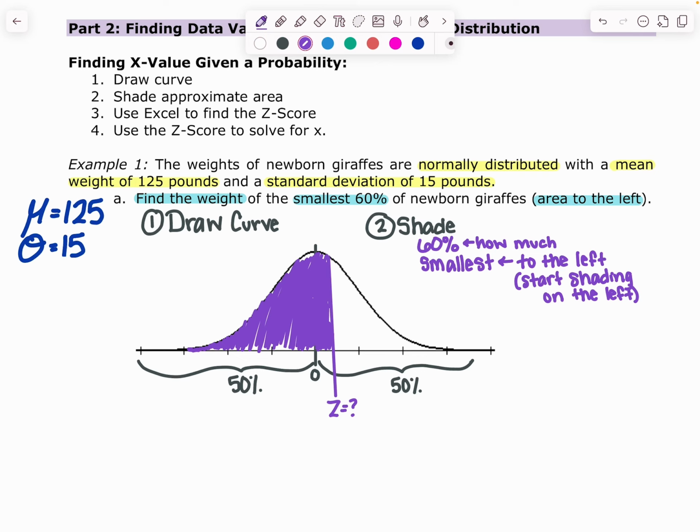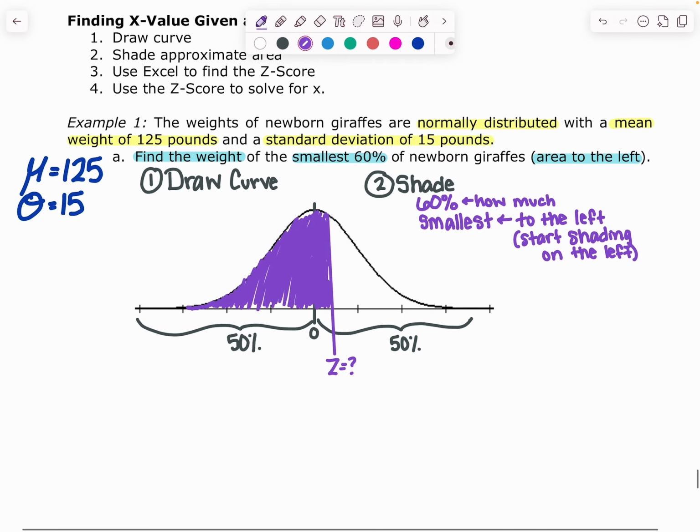So I don't want to go too far past the middle because most of the graph is in this middle section. So I just went a little bit past. Try to think about those percentages from the empirical rule as I'm going.